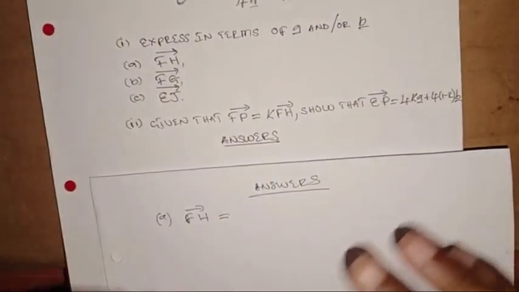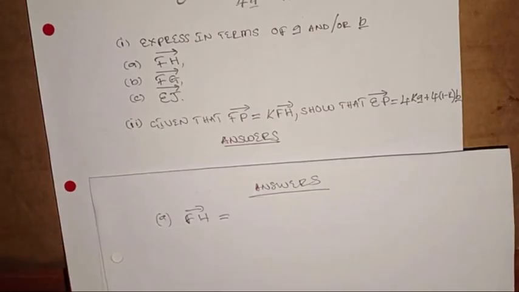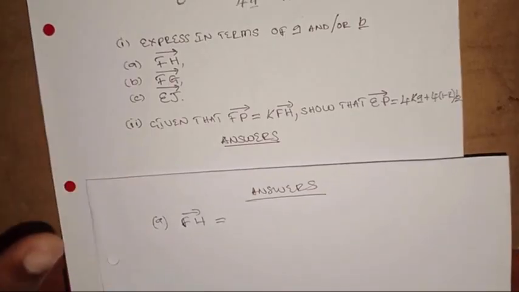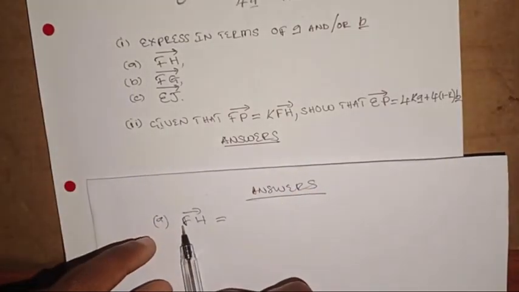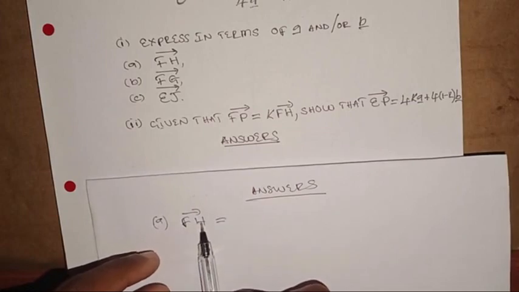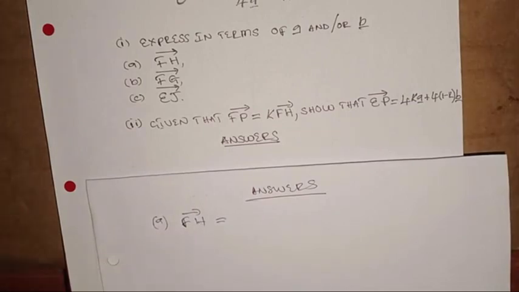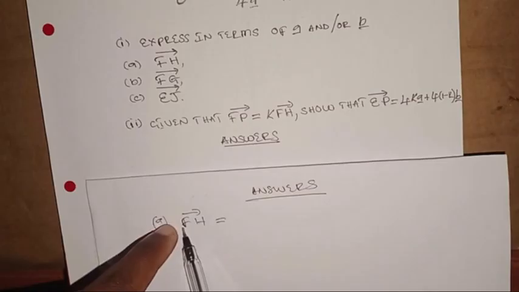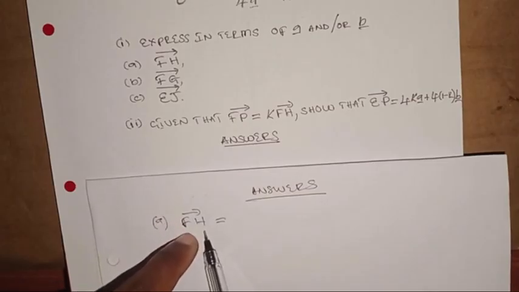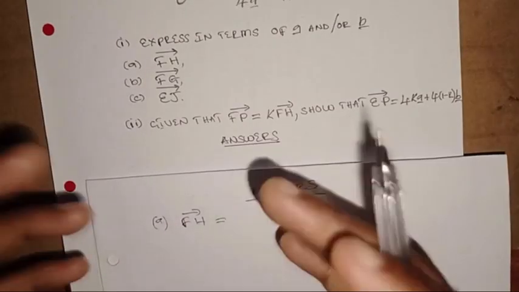So when solving these vectors, we are going to use what we call the triangular rule, okay, where we connect vectors by adding them from the tail to the head. So as you can see, F is the tail, H is the head. By that I mean that we start from point F, then end at the point H. So how do we connect this?